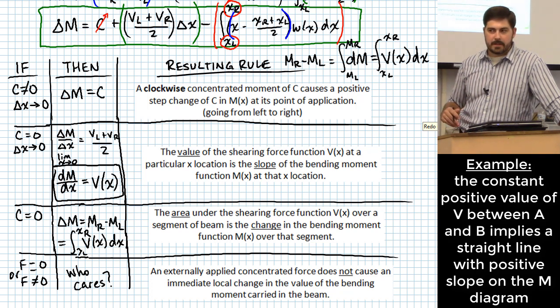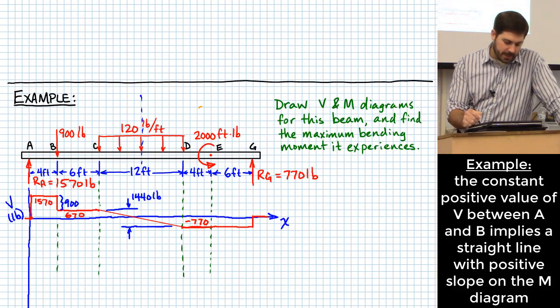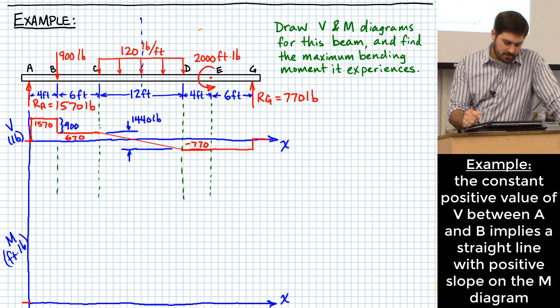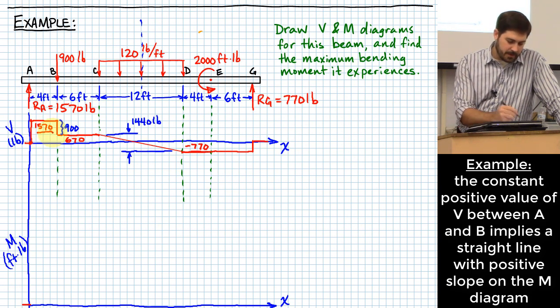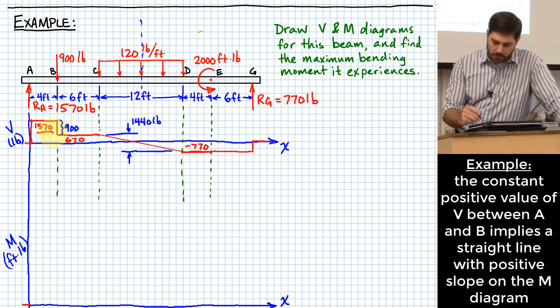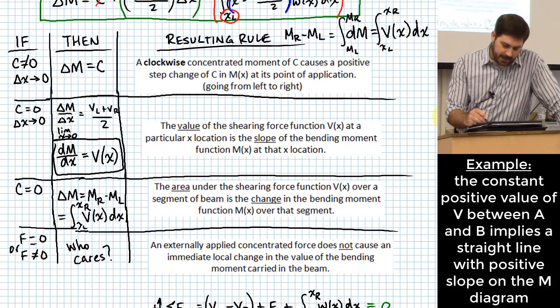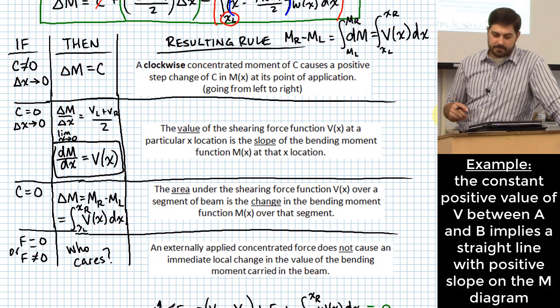Notice here we have a non-zero V of x value starting at point A. Right? We now have a non-zero value of my V of x function. So what does that do to some of our assumptions or some of our rules that we have for our bending moments?